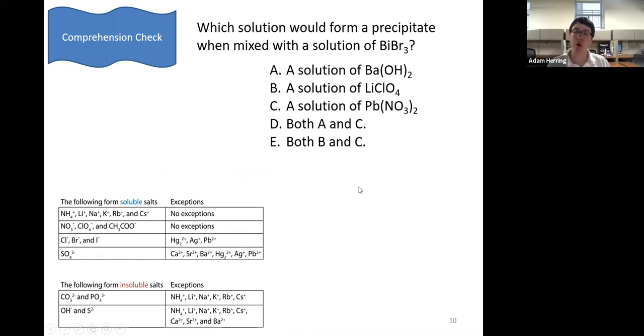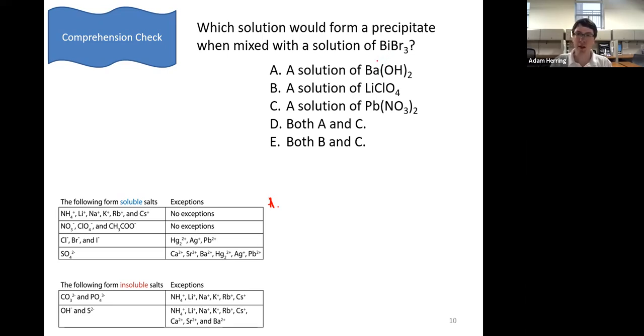All right, so the first step to solving this problem is actually to identify what the products are for each mixture. So we have in the first combination, barium hydroxide and bismuth bromide. And for all of these reactions, we're doing a double displacement.